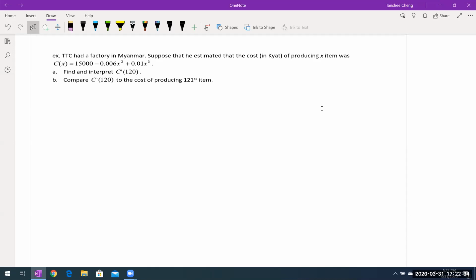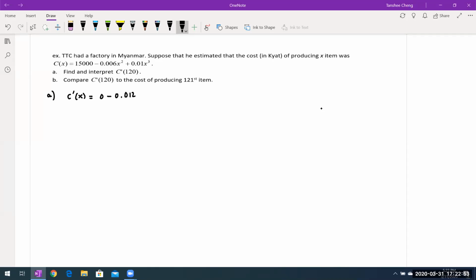So to do this problem, part A, when we look for the derivative of the function, the derivative of a constant is 0, minus 0.012.